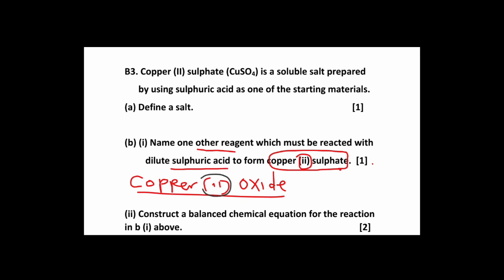Copper 2 oxide. Once you say copper oxide, just know that you will fail. Because copper is a transition element, and the transition elements have variable valences. So you should state the valence of a transition element you are using. So in this case, since we are preparing copper 2 sulfate, we need to use copper 2 oxide. Very important, my dear learners. Very, very important.